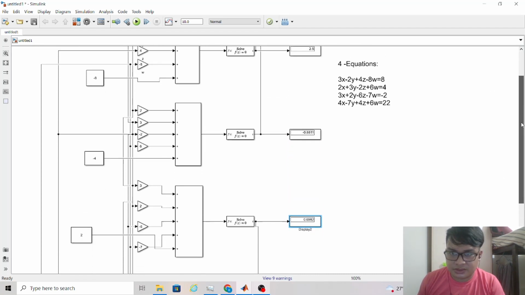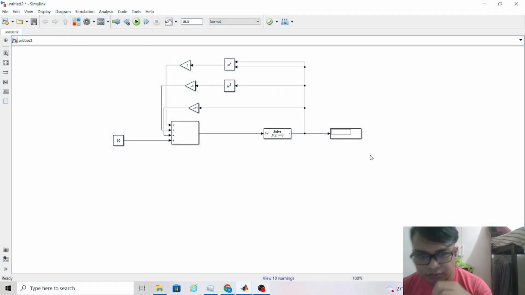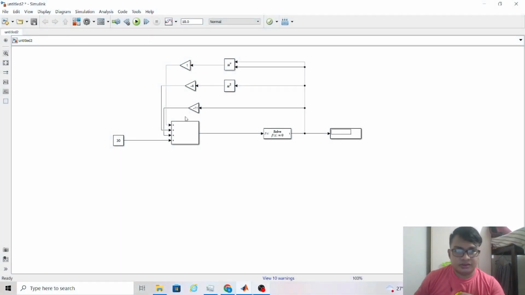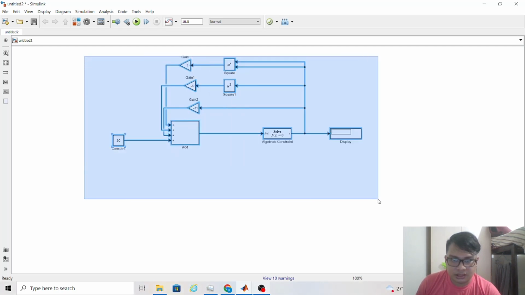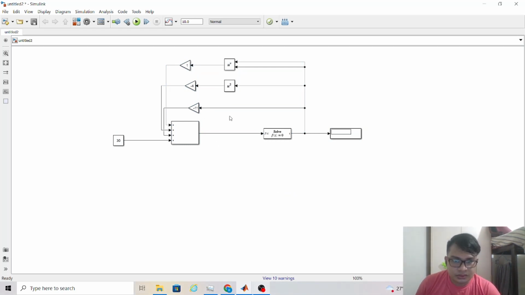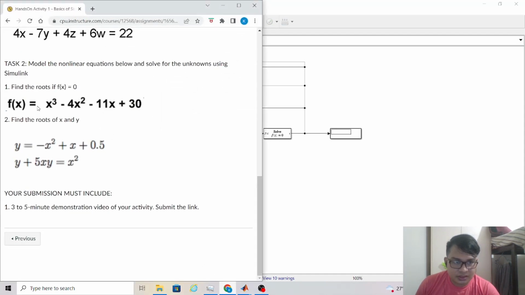That's for the fourth equation, and now for finding the roots. Finding the roots, f of x is equal to 0. Here's the model that I created. This is 5x equals x cubed minus 4x squared minus 11x plus 30.